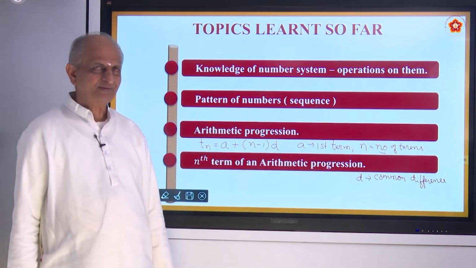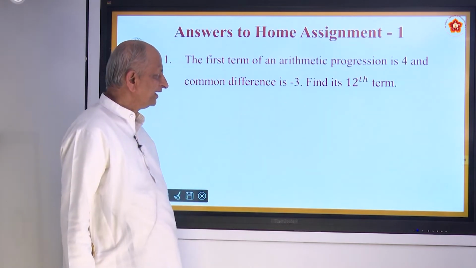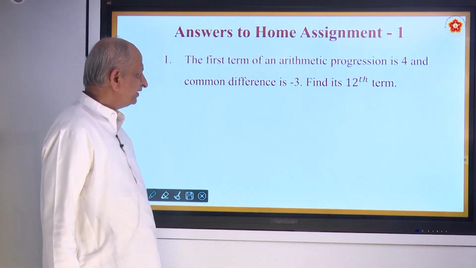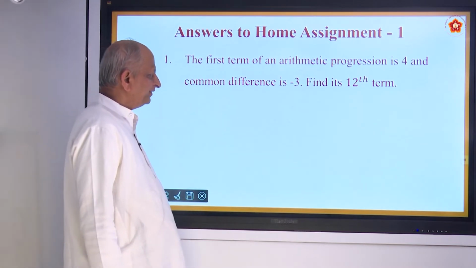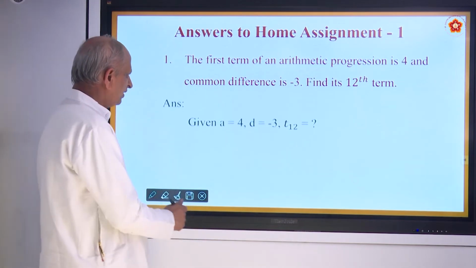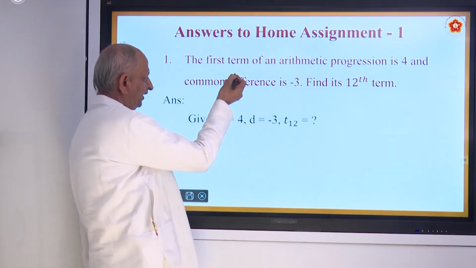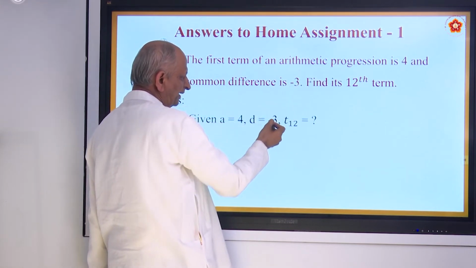Can you remember? Okay. Now we shall see the home assignment. First term of an arithmetic progression is 4 and common difference is minus 3. Find 12th term. So come on. How do you write the first term? A is equal to 4 and difference is minus 3.